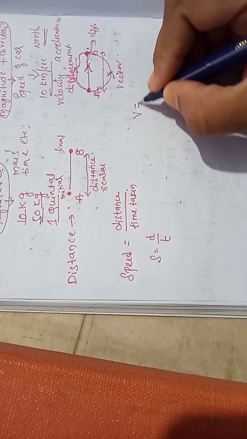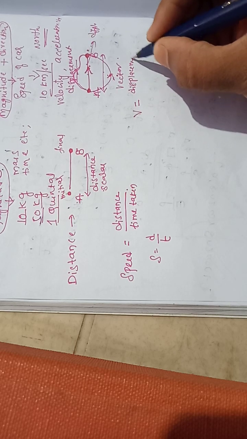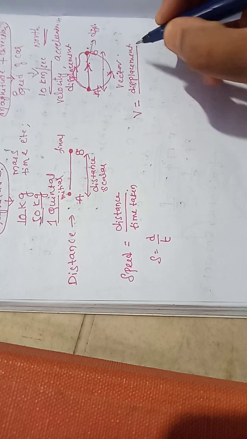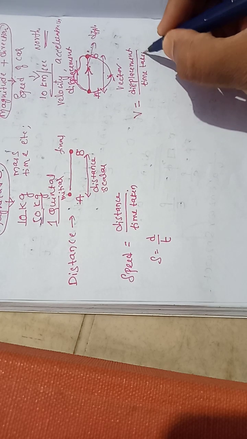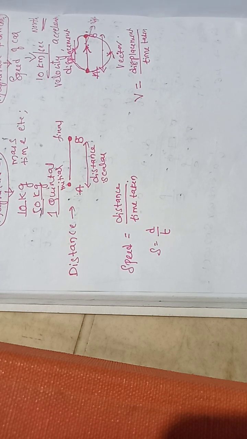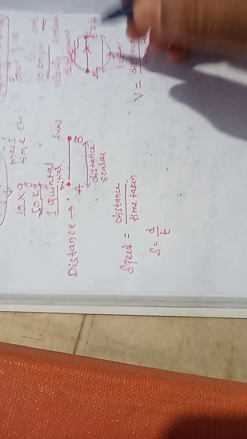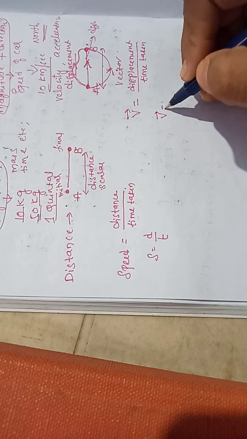Velocity is defined as the rate of change of displacement. In physics, rate means something divided by time. That we call rate. The rate of change of displacement, we call velocity. Such velocity is a vector quantity.